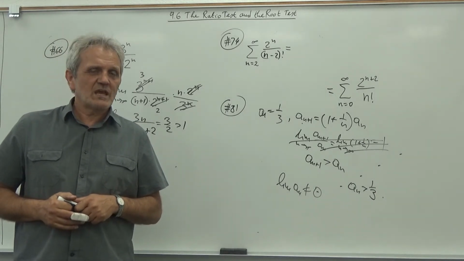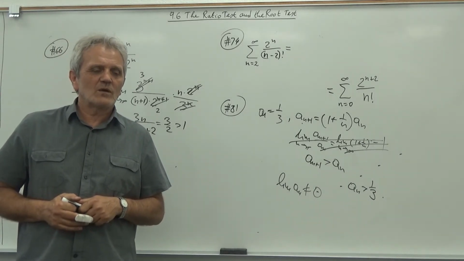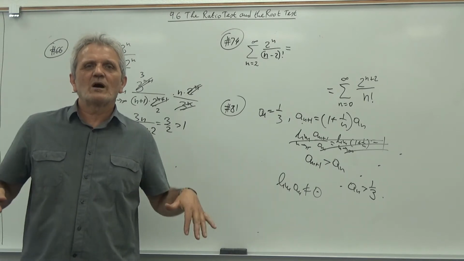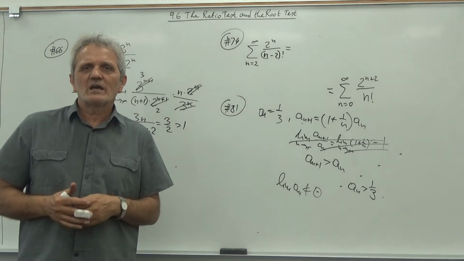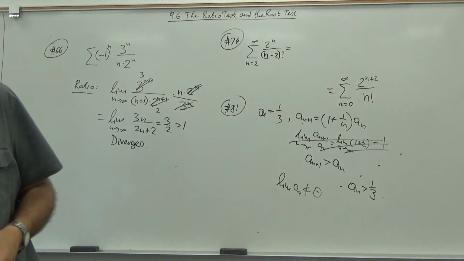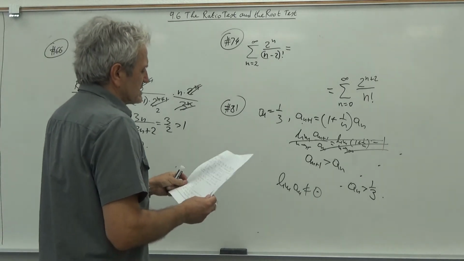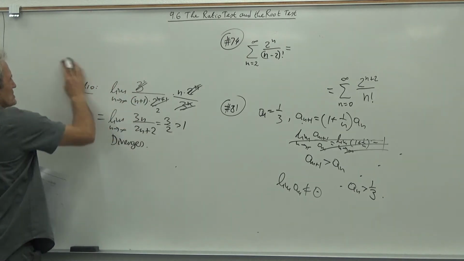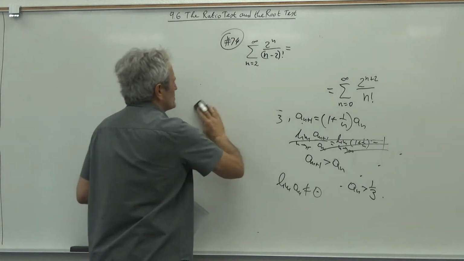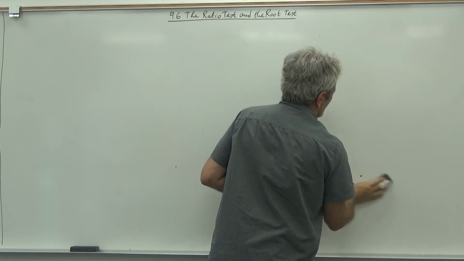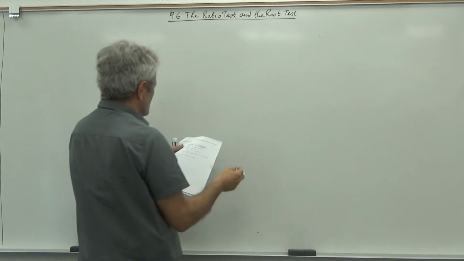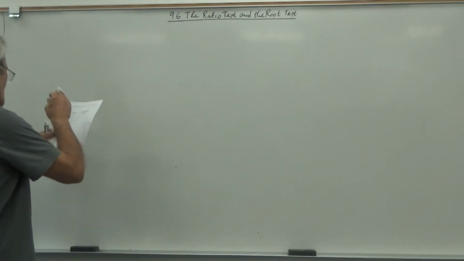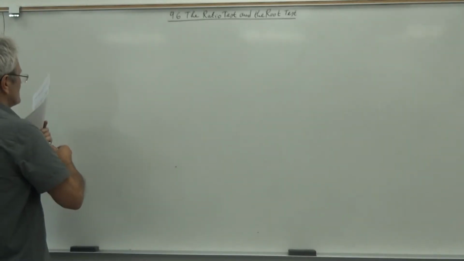I posted on Canvas a document where I give you a flow chart about making decisions and trying the tests. I suggest that you look at it, and also let's look together at a list of problems where we don't know which section it is. This is from your textbook. You look at the list of numerical series, and you want to decide, does it converge or not? So here is an interesting example 5 from your book.